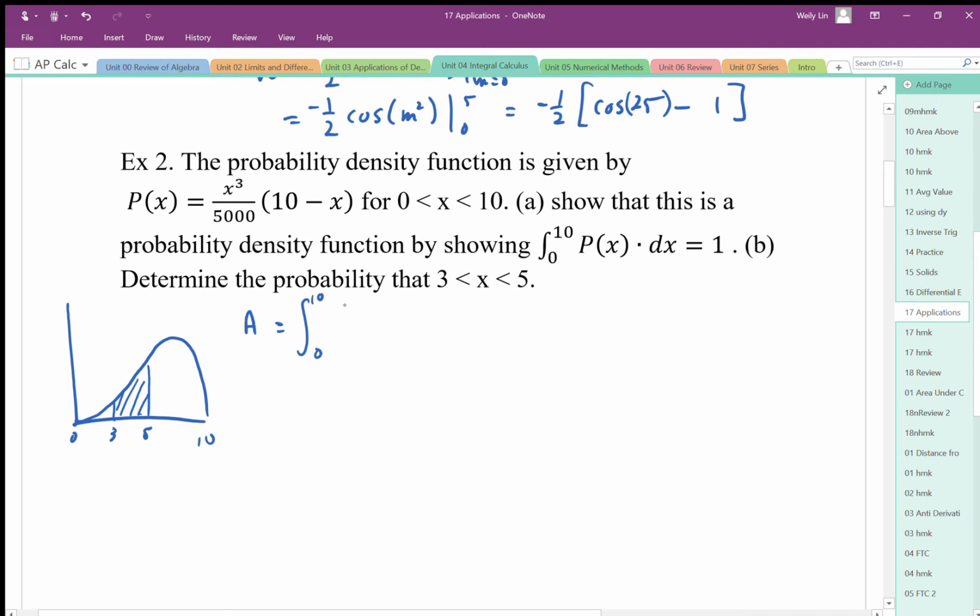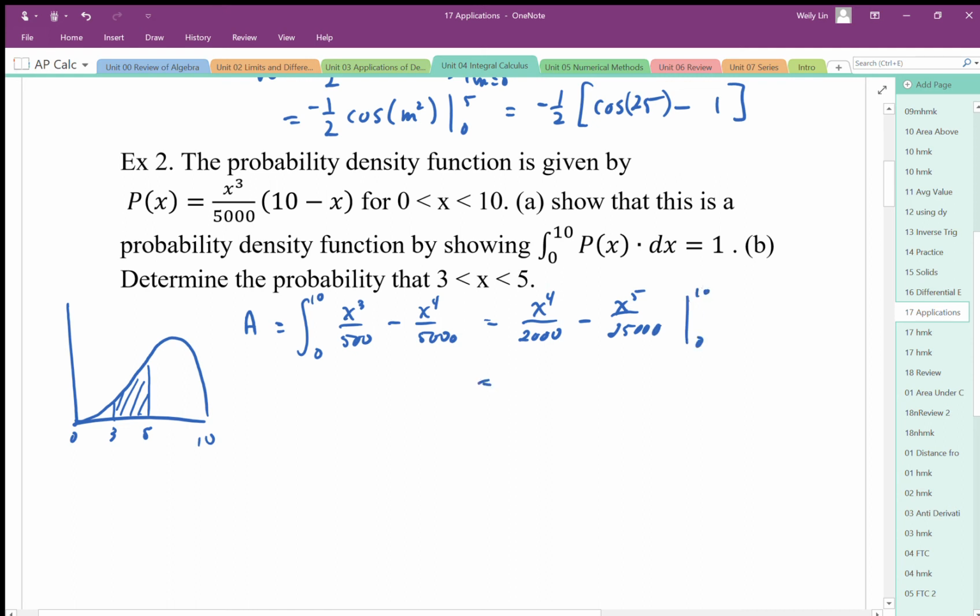So I'm going to end up with, what would this be? x cubed over 500 minus x to the 4th over 5,000. When we anti-differentiate this, we get x to the 4th over 2,000 minus x to the 5th over 25,000, from 0 to 10.